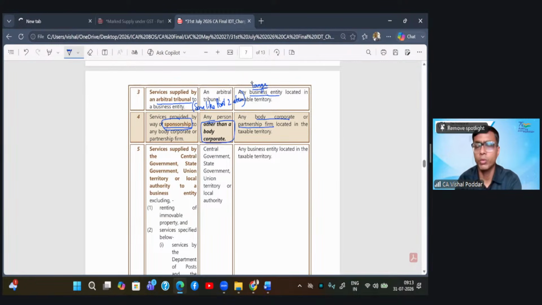Now, you say, sir, what is the difference between sponsorship and marketing? So, when you are running an ad, what you are doing is advertising, marketing. That is not sponsorship. So, whenever you do an ad and there are expenses on advertisement, that will never be under RCM. Why? Because it is not sponsorship. What is sponsorship? You find many of these shows, like you have the Kapil Sharma show, you have so many shows going on different channels.